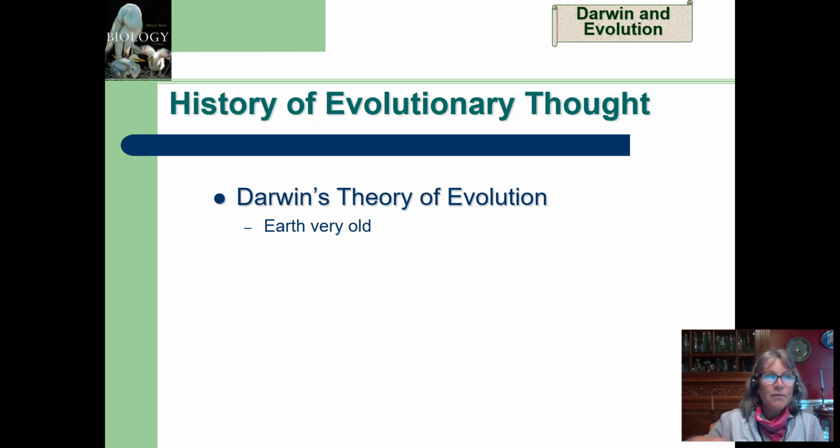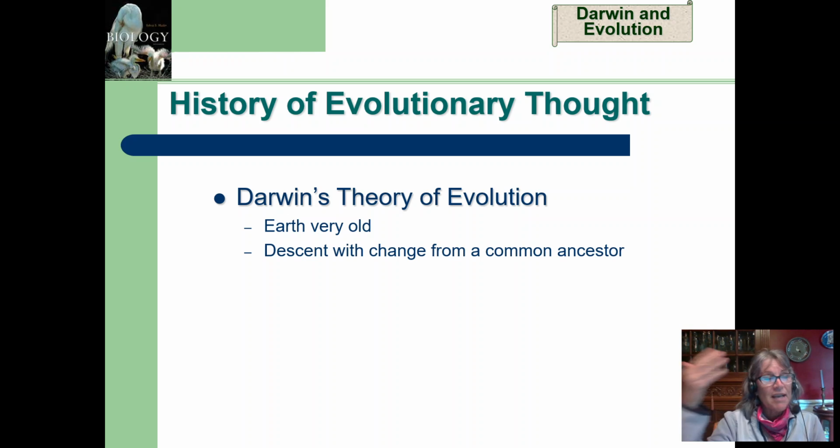So when you look at Darwin's theory of evolution, the basis underlying what he and Wallace proposed, some of the basic premises that other researchers contributed is that the Earth is really, really old, that we have descent from generation to generation from a common ancestor, but with changes over time.